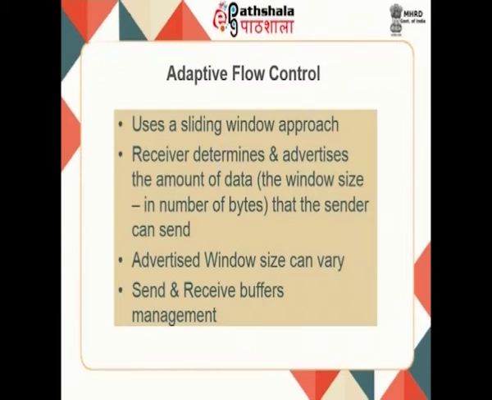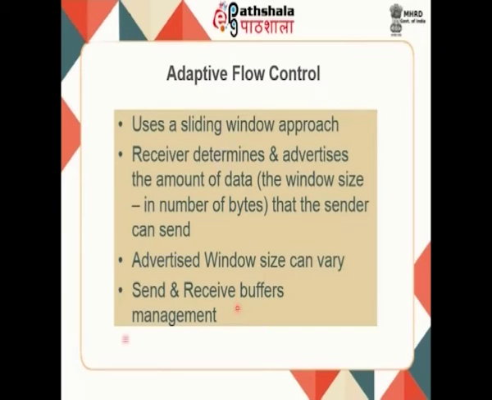That is, it keeps sending out a window size, which is normally specified in number of bytes, but can vary. Based on the window size that it advertises, the sender side will send the required number of bytes into the network, and accordingly the receiver buffer will also receive it and keep giving its feedback to the sender side.